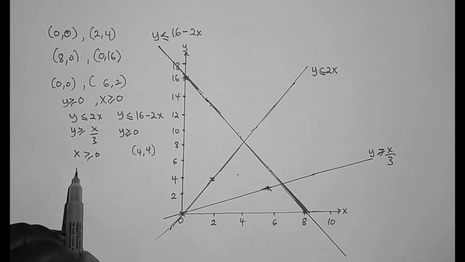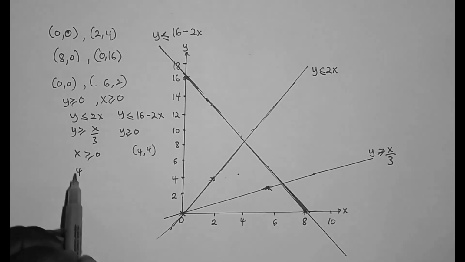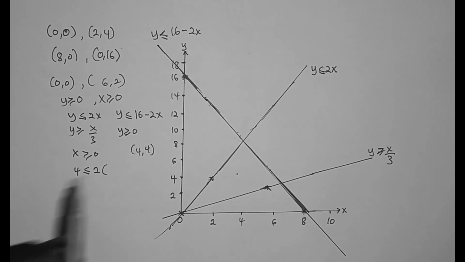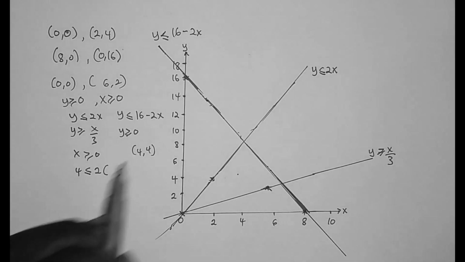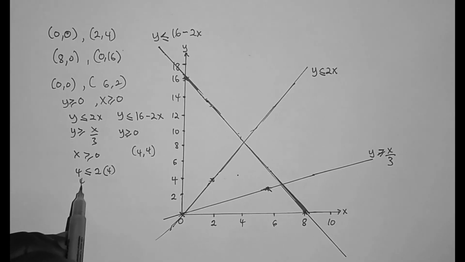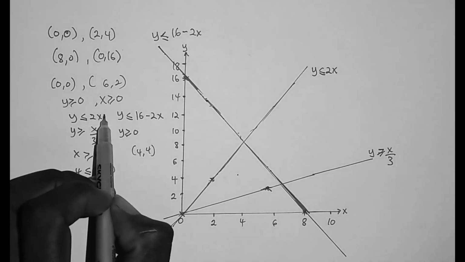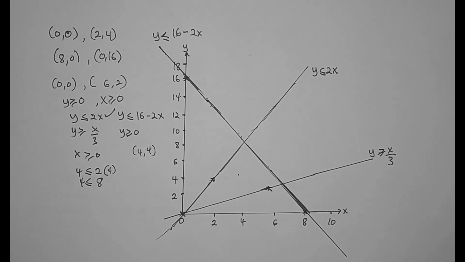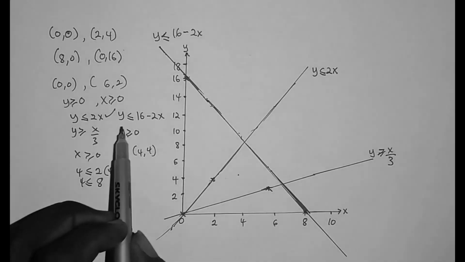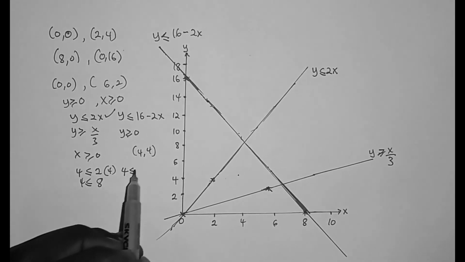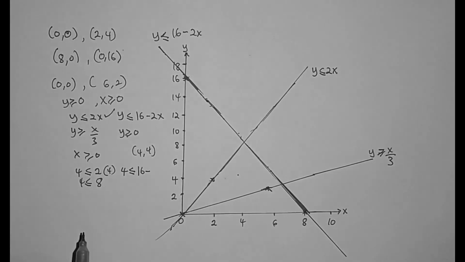So 4 with this constraint is less than or equal to 2 times 4. The x component is 4. So 4 is less than or equal to 8. That is true. So it satisfies this inequality. We also have y, which is 4, is less than or equal to 16 minus 2x.